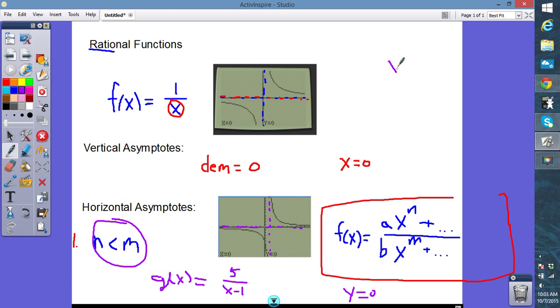For now, if you were to graph this, you're going to do an input-output table. You select a value for x, figure out the values of y, and then you just get your graph. I'll be making another video to talk about the other two situations for our horizontal asymptotes. All right, talk to you soon.